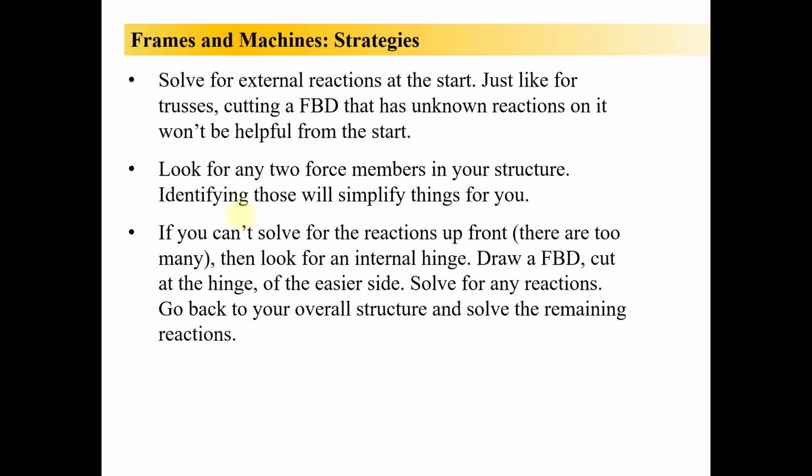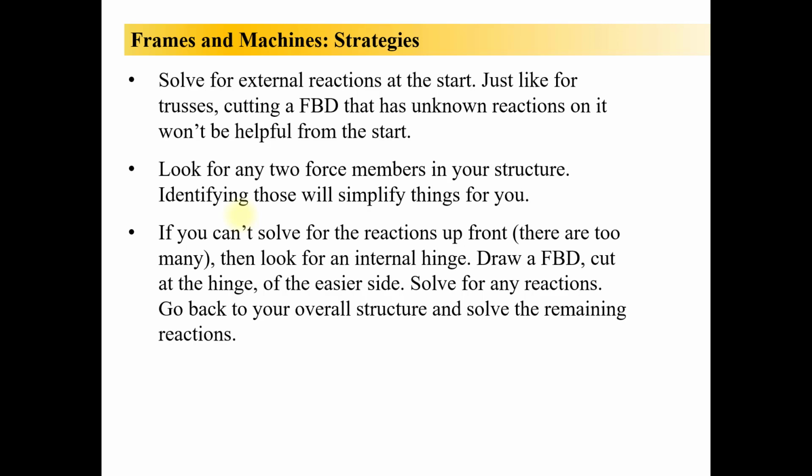If you can't solve for the reactions up front because there are too many, and we'll see that in one of the examples, I think the machine example for this module, then you need to look for an internal something. And here I'm saying a hinge. It could also be a cable, like we'll see in the example I'm going to do. If you see an internal hinge like you would at each end of a hydraulic jack, you have that two-force member.